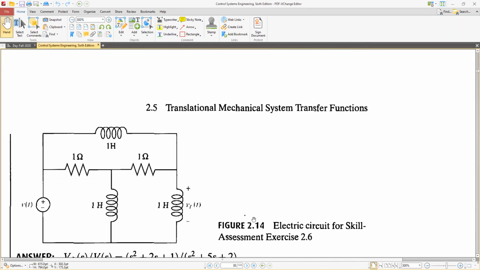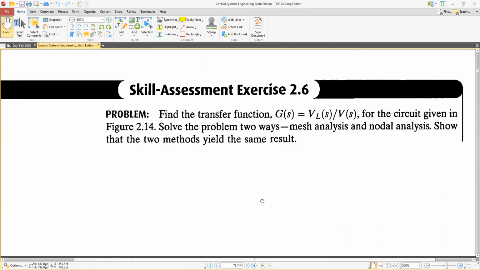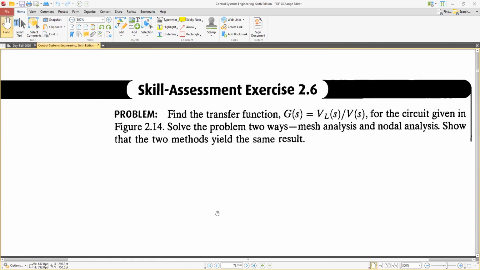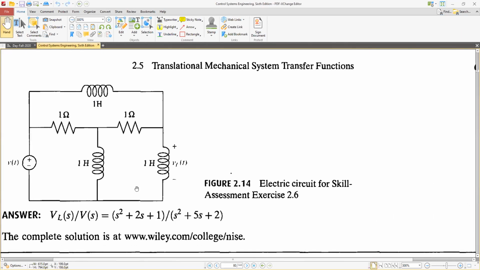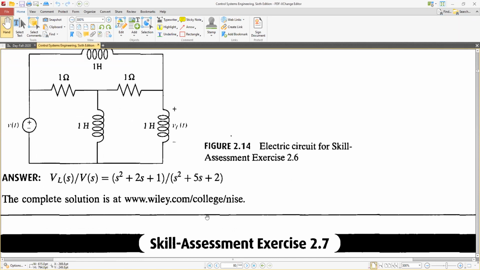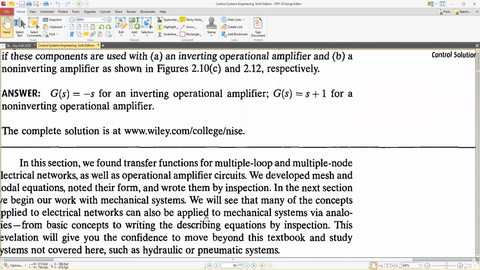But in the next problem, I think the skill assessment, solve the problem using mesh analysis and show that. They have said to use mesh analysis and nodal analysis. This is the skill assessment, and some other problems are there.